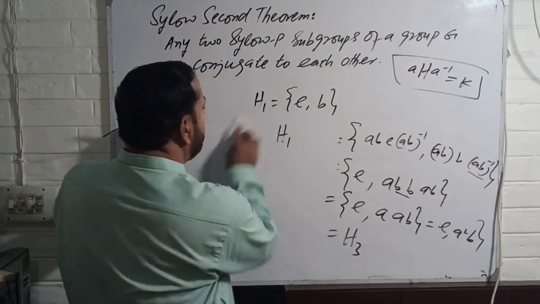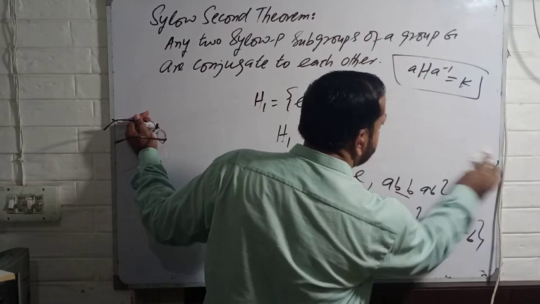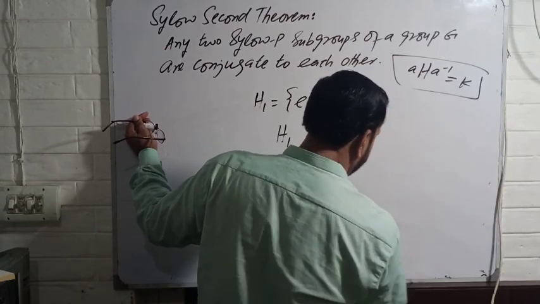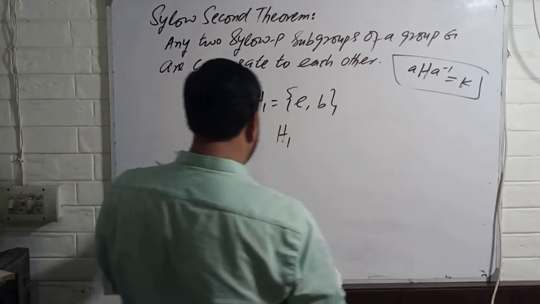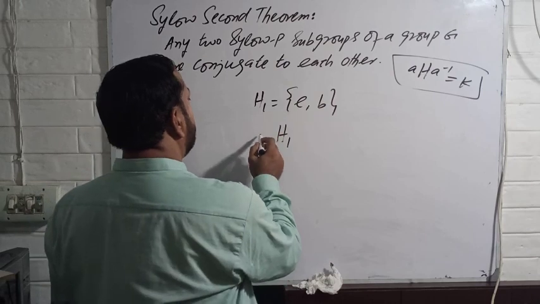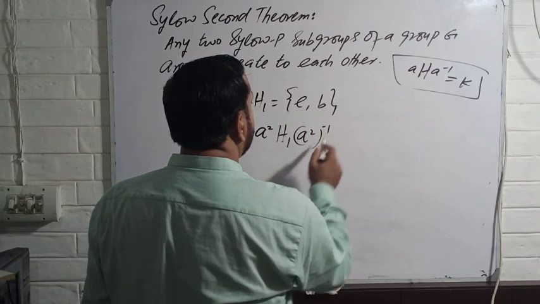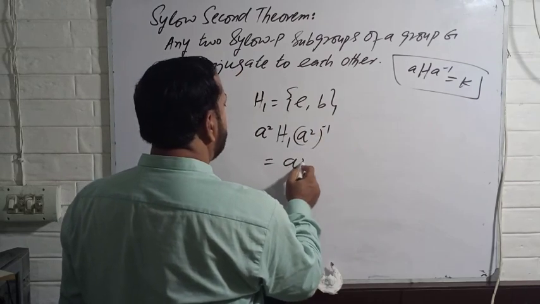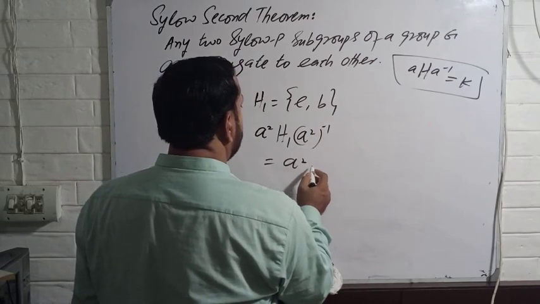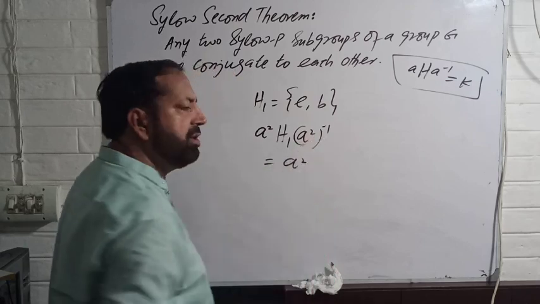Now, if you multiply H1 by A square, inverse, you know, this is A square, and you know what is A square inverse?